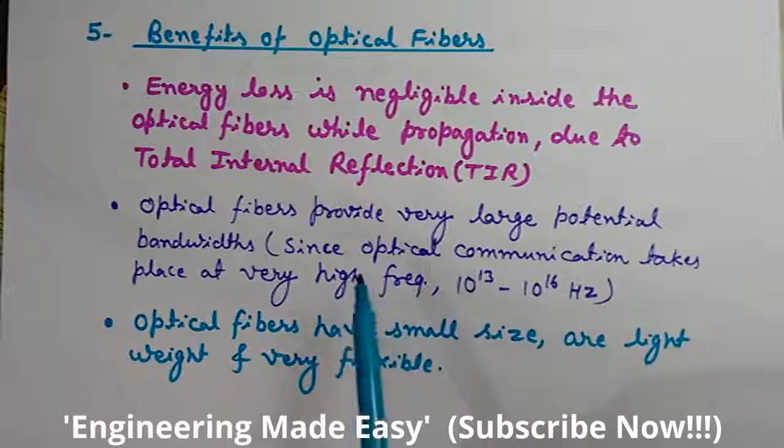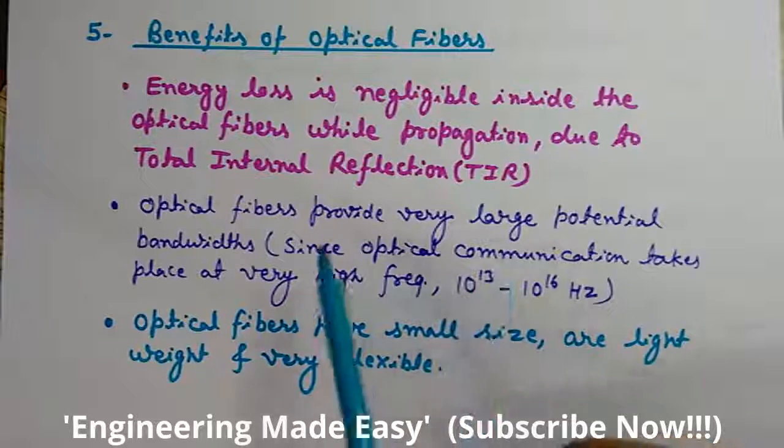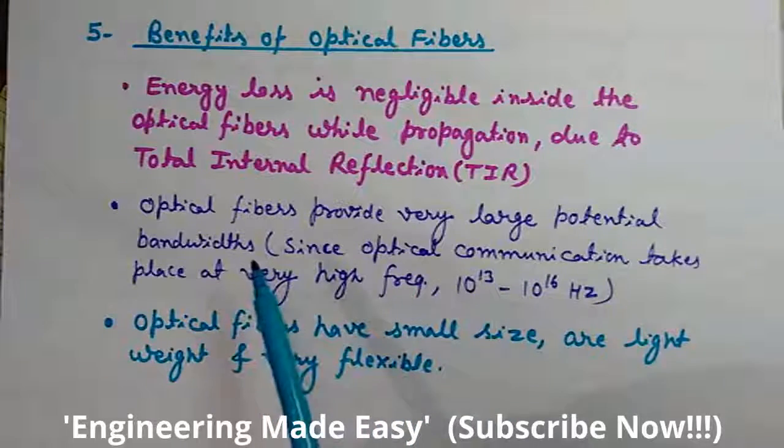When electromagnetic waves having very high frequency are used for communication purposes, they can provide larger bandwidth. It means the higher the frequency range, the higher the bandwidth.